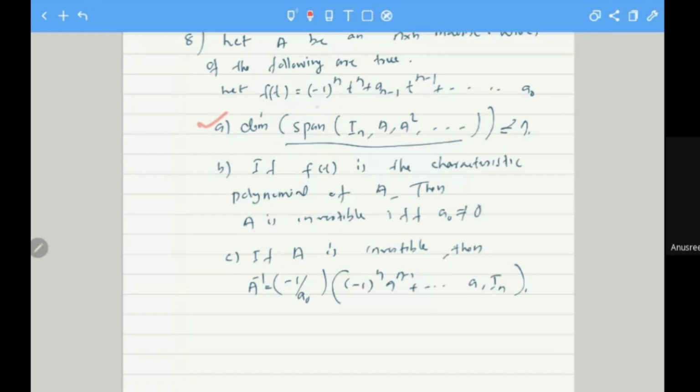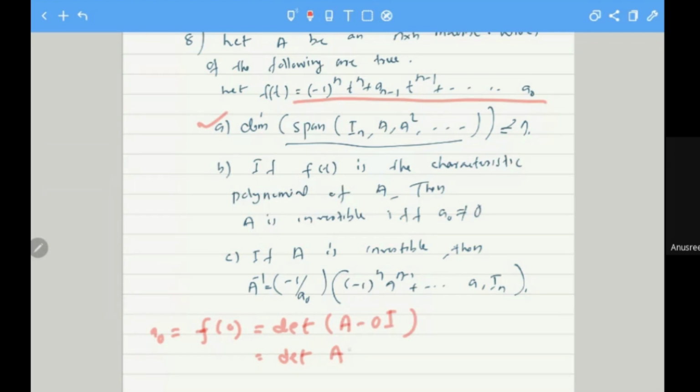If f of t is the characteristic polynomial, then f of 0 equals a_0, right? a_0 is nothing but f of 0, which is the determinant of A minus 0 times I, which is nothing but the determinant of A. So the determinant of A is not 0 if and only if a_0 is not 0.